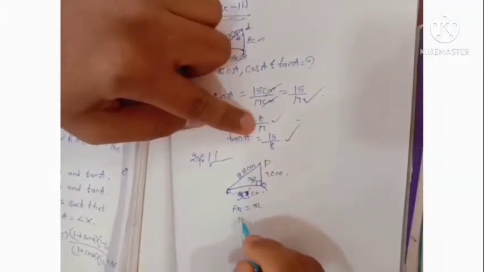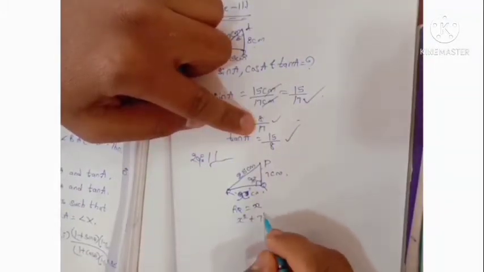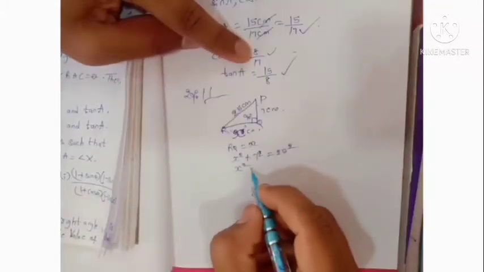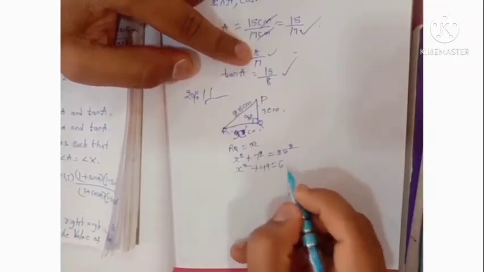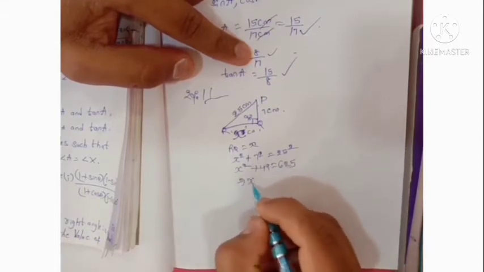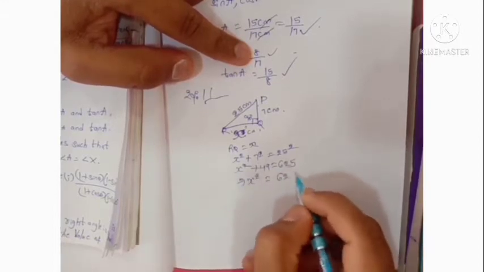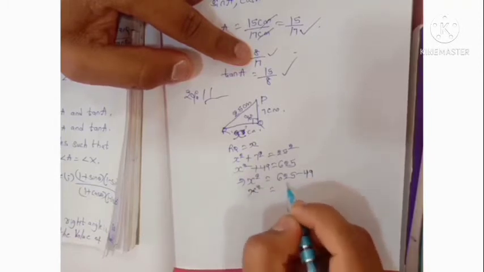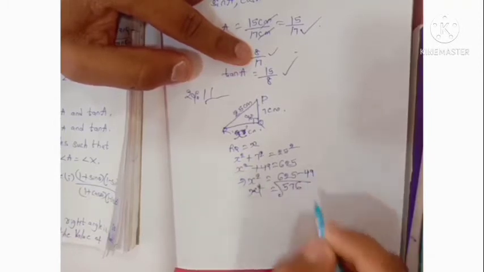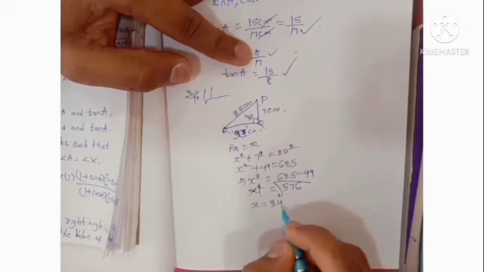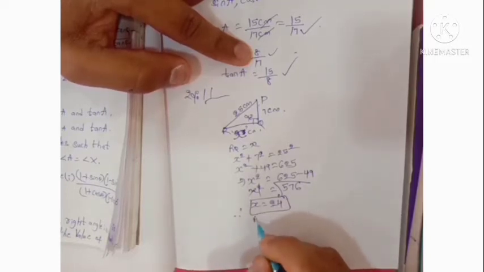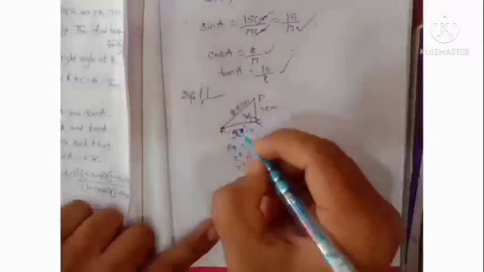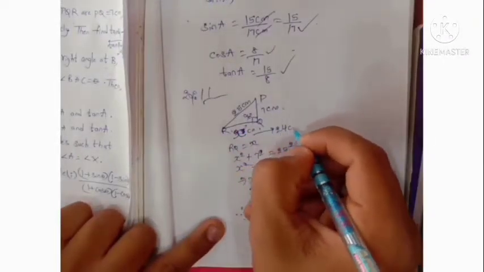According to Pythagoras theorem, opposite square plus adjacent square is equal to hypotenuse square. x square plus 49 is equal to 625. So x square is 625 minus 49, which is 576. Then x is equal to 24. RQ is the same 24 centimeters, because x is equal to RQ.